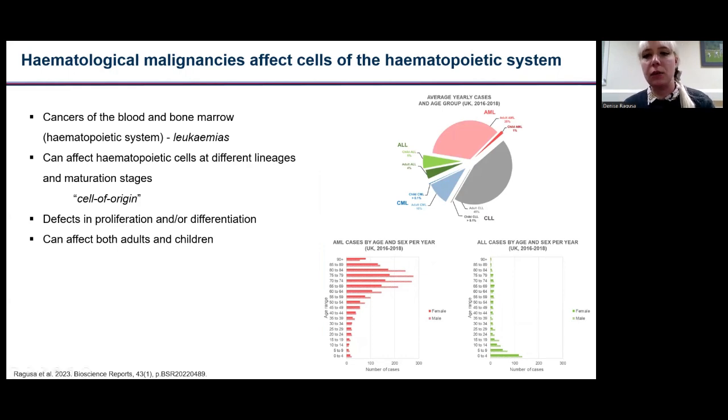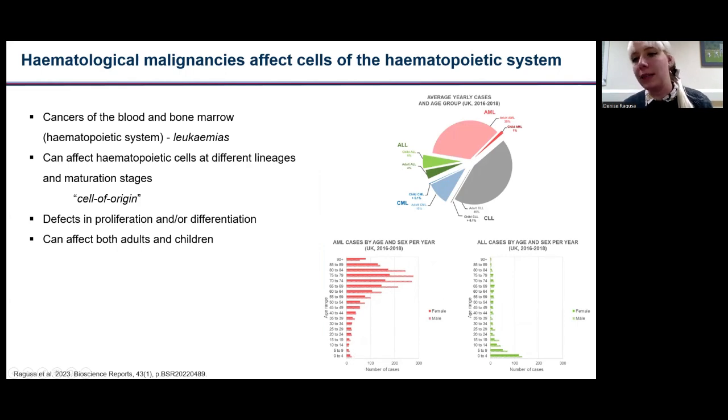And you can see, if you look at some epidemiology in the UK, that some leukemias peak at different age groups. So myeloid leukemias, again, tend to peak later in life. However, there is one peak in the infant group of 0 to 4 years old.